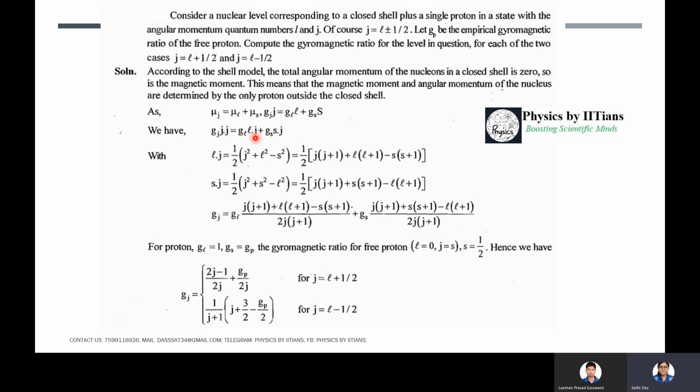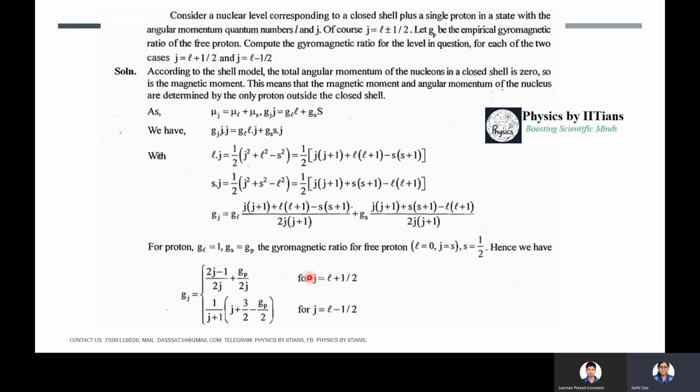So only these two terms, L dot J and S dot J, are given by these expressions. Now for the proton, we have to calculate the same. So for the proton, Gl equals 1, Gs equals Gp. For the gyromagnetic ratio of a free proton, where L equals 0, J will be equal to S and S equals half.